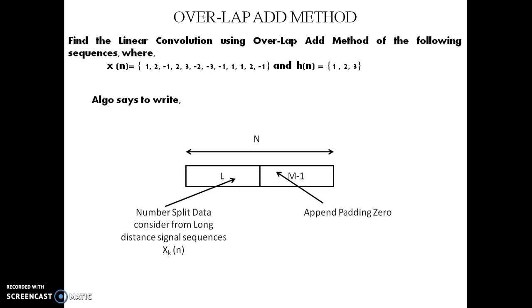You remember in the previous overlap save method, we considered M minus 1 samples of the previous sequence and L as the current sequence. For the first sequence there is no previous sequence, that's why we considered zeros. But in the overlap add method, we always consider M minus 1 zeros, and L is the current x_k sequence, which is a part of the x[n] sequence.